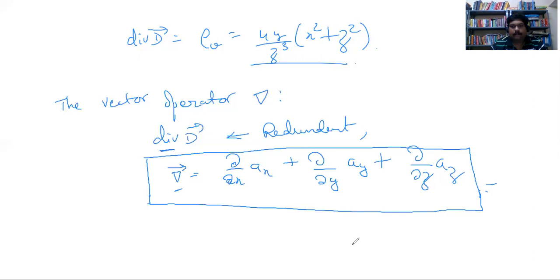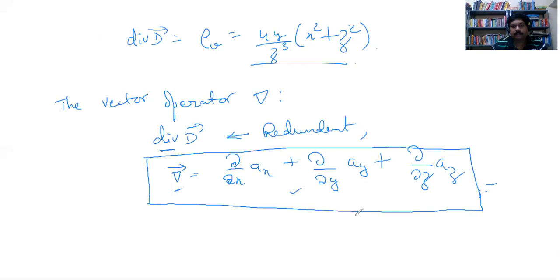Now, knowing this, what happens to del dot D if I take the dot product between the vector operator del, which is defined here in this box, and flux density D? What are you going to get? So we shall see.